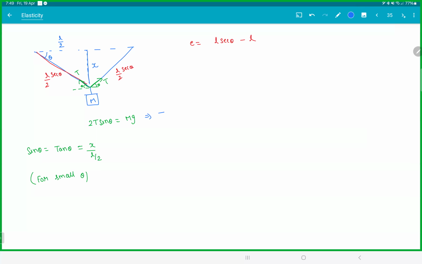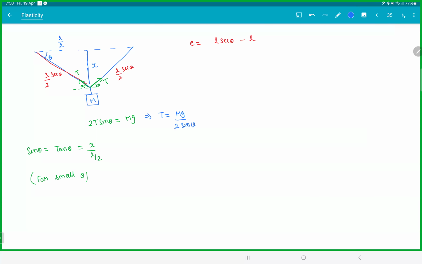So from here, we got the tension: mg by 2 sine theta, which is 2x by L. Let's keep it in sine theta only, later we'll substitute.